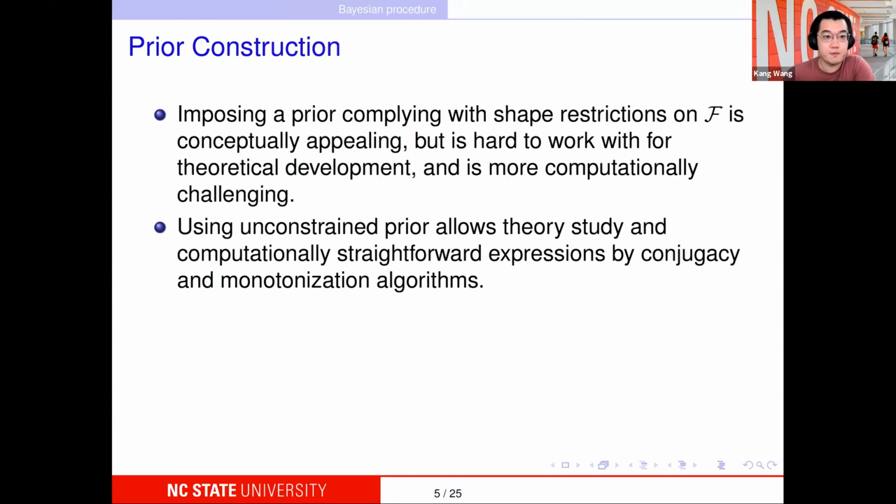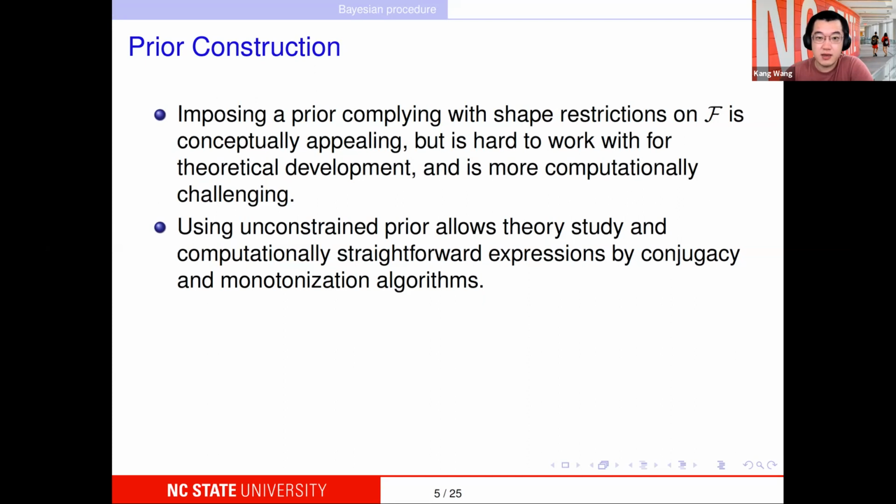So for the prior construction, generally there are two ways. First, in a shape restriction regression problem, we can impose a prior complying with the shape restrictions. It is conceptually appealing because if the prior complies with the shape restriction, so will the posterior.